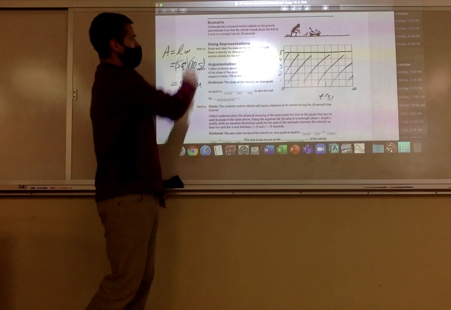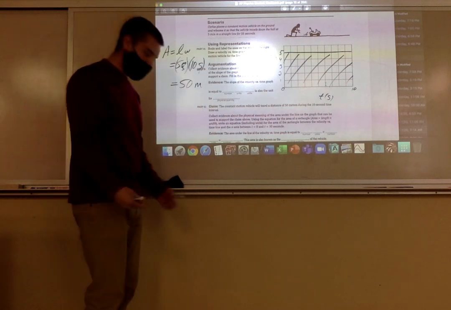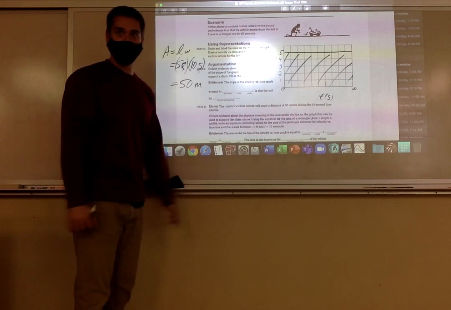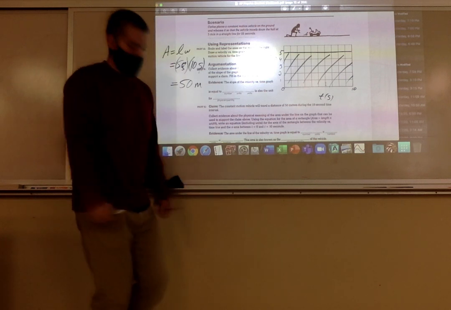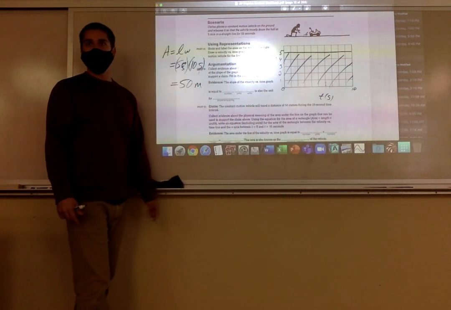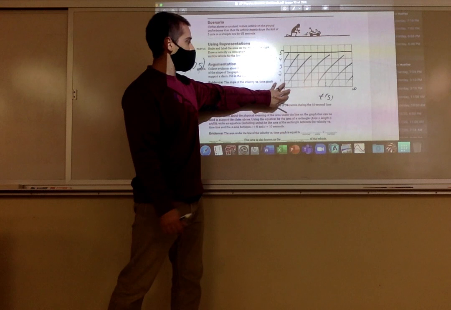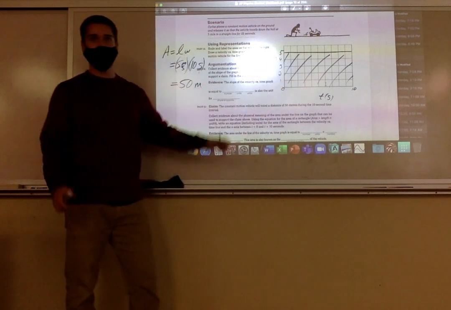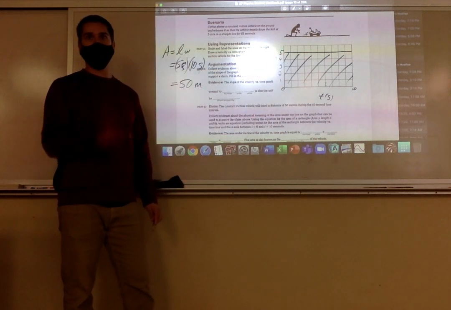It makes sense if you read the scenario. It went 5 meters per second for 10 seconds. Yeah, easy. Every second was 5 meters. You do that 10 times, you get 50. So the big revelation is that the area underneath a velocity time graph is the displacement of an object.